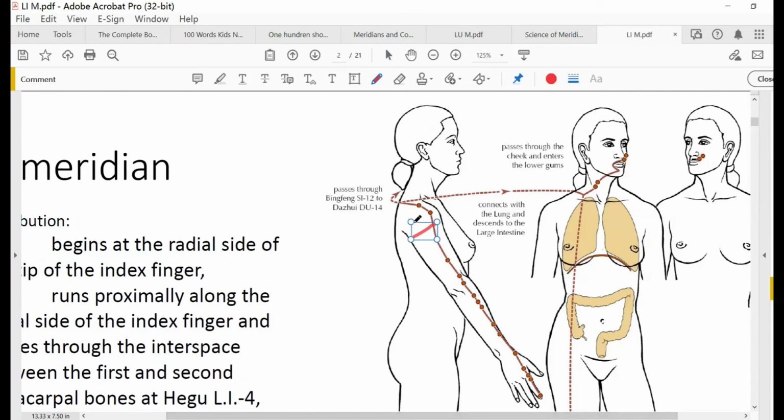That's the yang part. How do we describe this one's position using the TCM anatomical position?